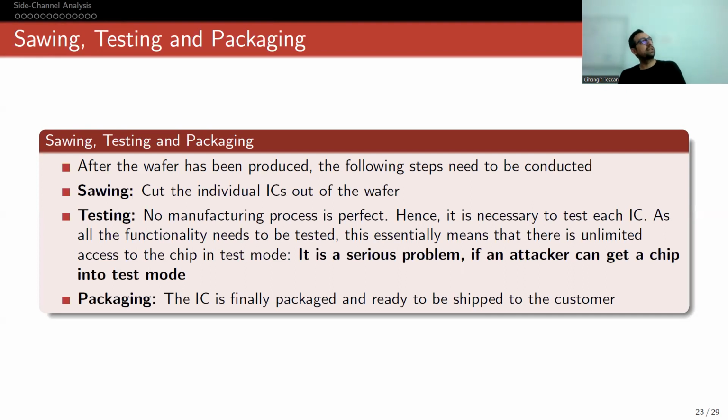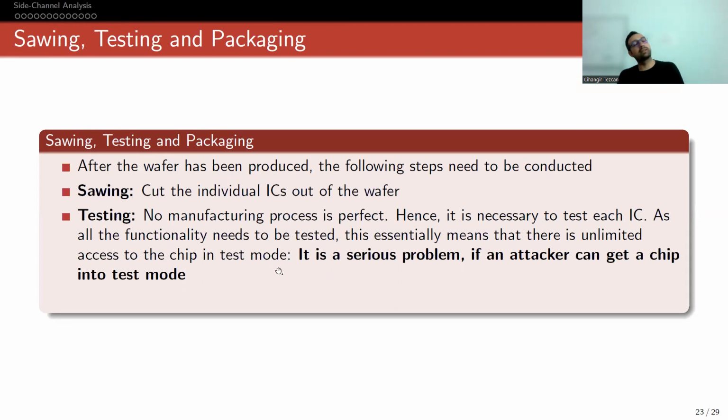Packaging: the IC is finally packaged and ready to be shipped to the customer. Also, again, at this point, years ago, I remember that some players of World of Warcraft started to lose their money, in-game gold, by the way.